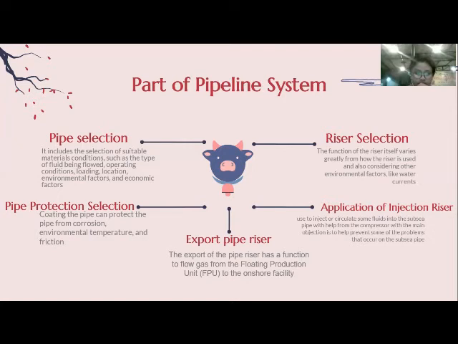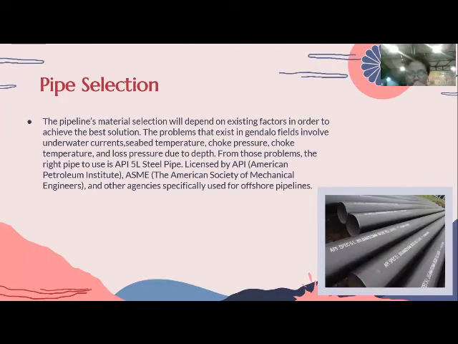And export pipe riser. The export pipe riser has a function to flow gas from the FPU to the onshore facility or tanker ship. And then pipe selection. The pipe material selection will depend on existing factors in order to achieve the best solution.